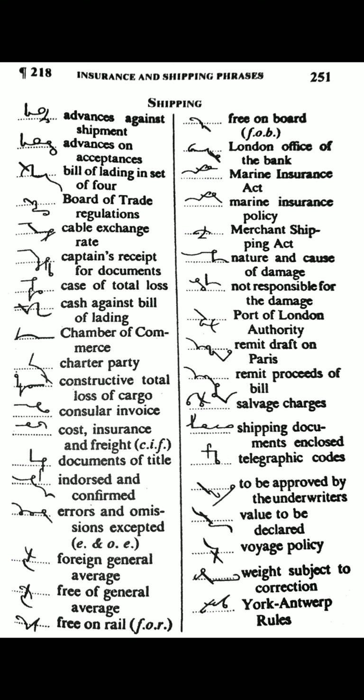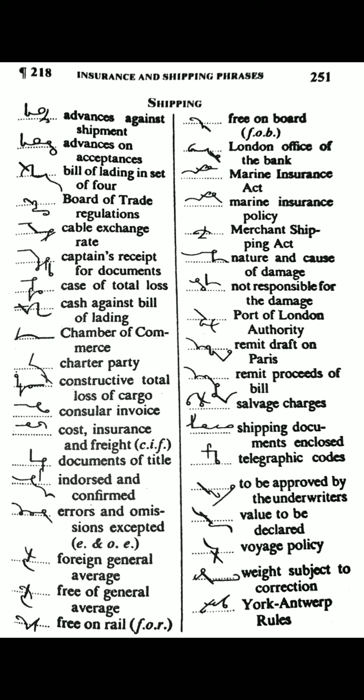Chamber of Commerce. J on the line, MBR doubled for chamber, and K is used here for commerce. Charter party. J above the line, downward R doubled for charter, intersecting at the end it for party with P.